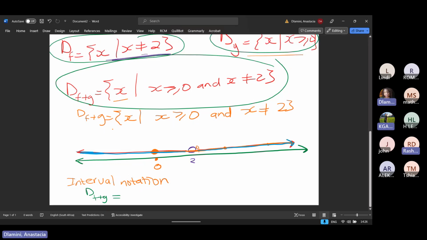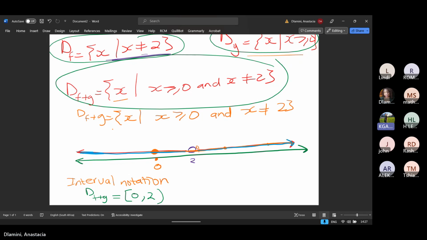Yes, try. Mathematically, square bracket 0, 2, close bracket, that curve one.